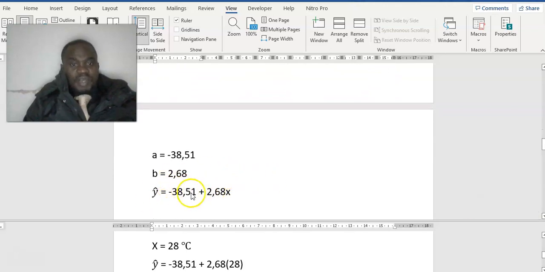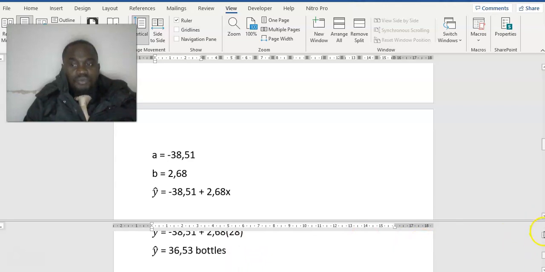This is the equation. Our A is this and our B is that. So they've given us X, which is 28. We substitute it there, and it's going to help us to find Y.